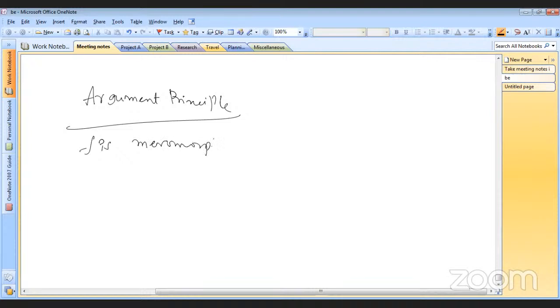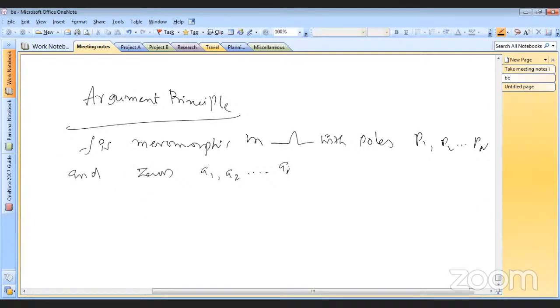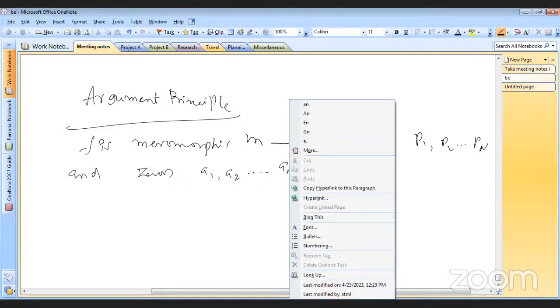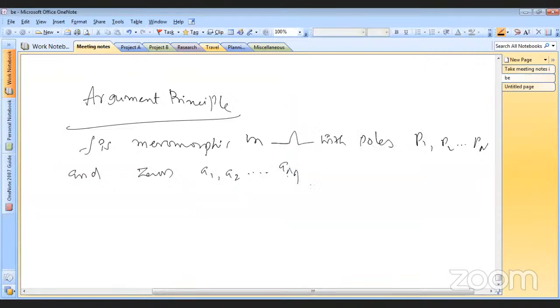meromorphic on Omega with poles. We are taking poles p1, p2, and so on up to pn, and zeros a1, a2, and so on up to am.